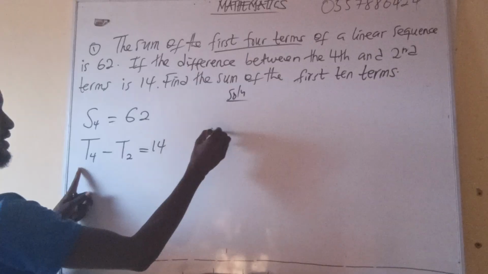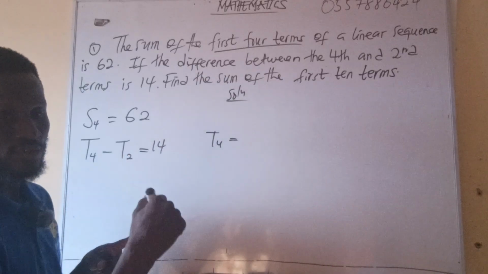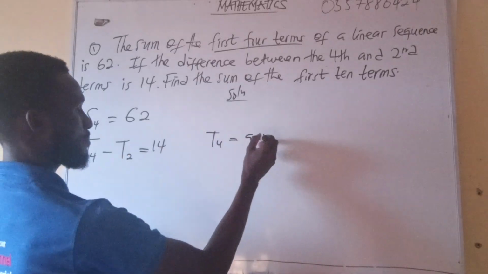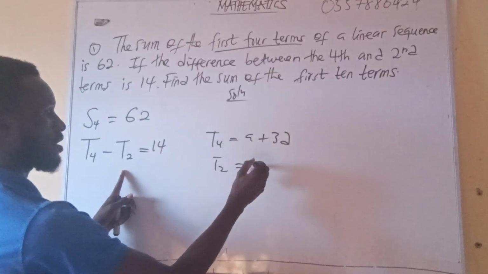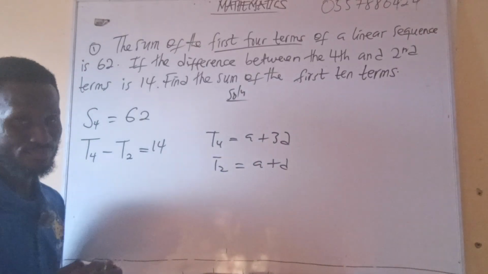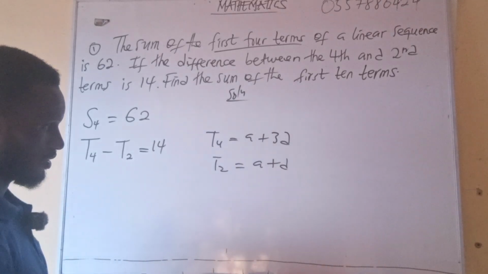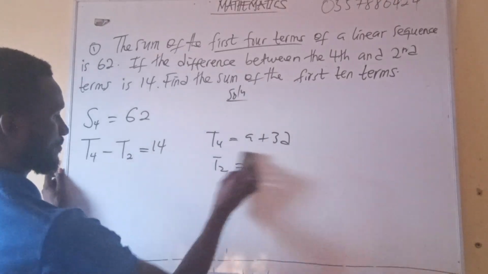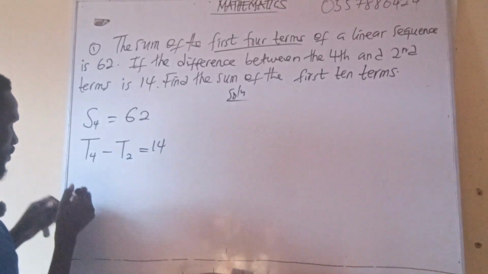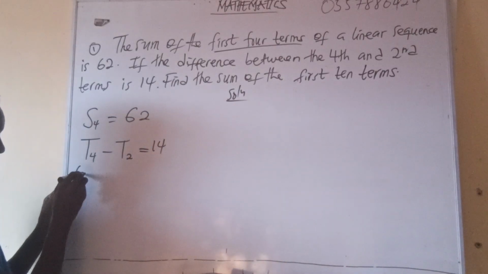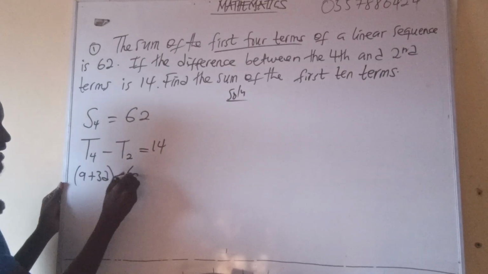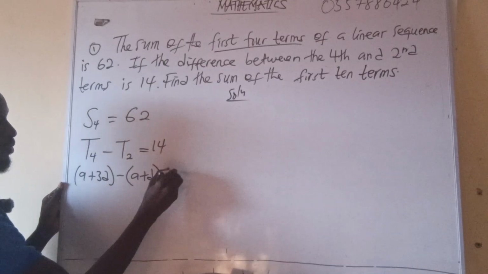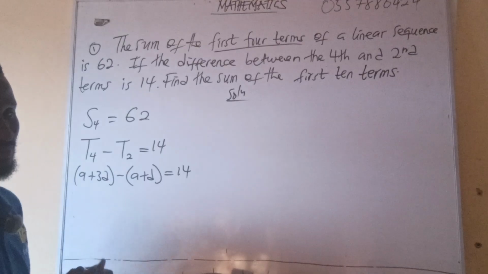Don't forget, from our previous video, the fourth term is the same as A plus 3D. The second term is the same as A plus D. So from here, the fourth term, A plus 3D, minus the second term, A plus D, is equal to 14.